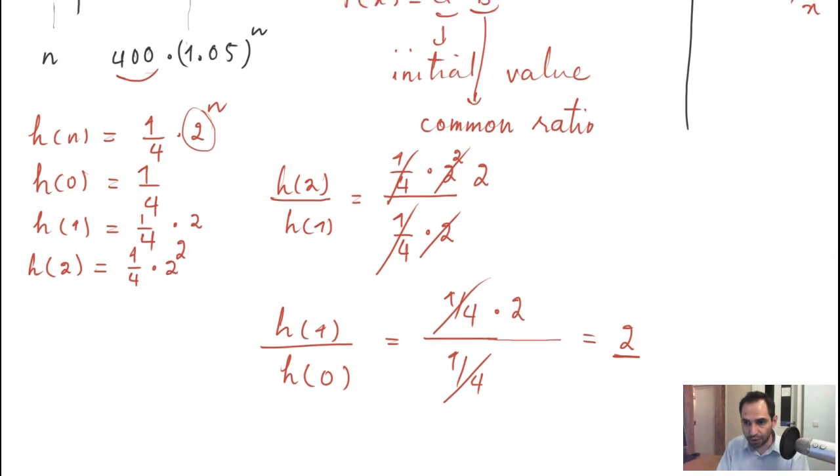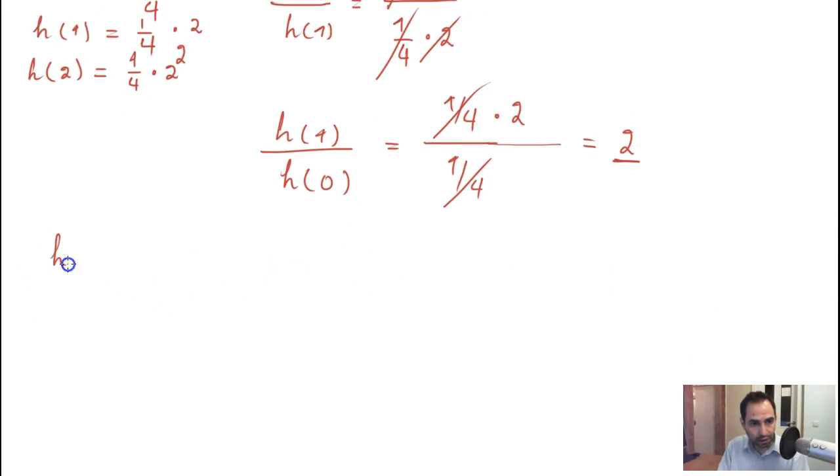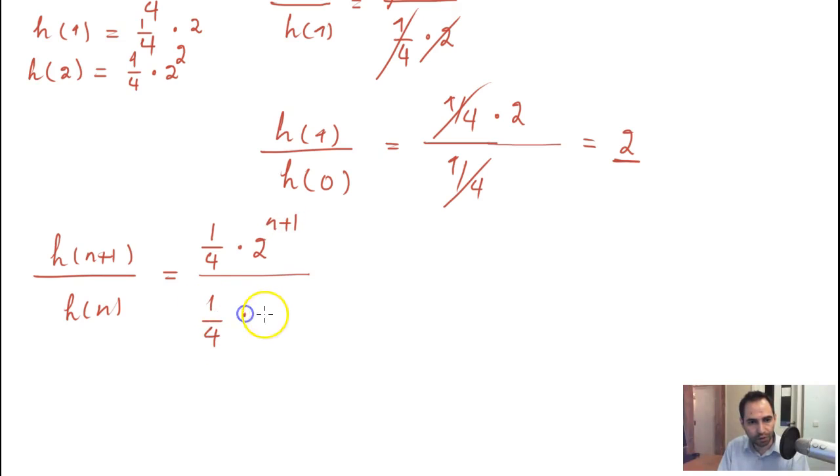So I could simply write it out like this: h of n plus 1 over h of n is equal to, based on this function, 1/4 into 2 raised to the power n plus 1 over 1/4 into 2 raised to the power n, and then you can always cancel these out. 2 raised to the power n plus 1 over 2 raised to the power n is equal to 2 raised to the power n plus 1 times 2 raised to the power minus n.